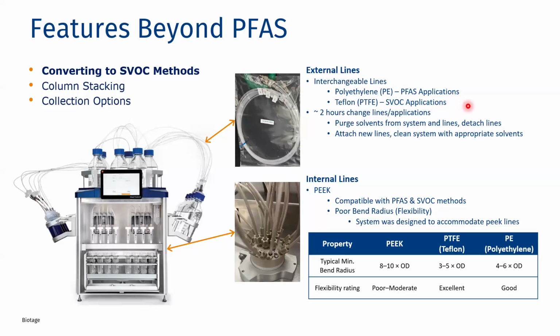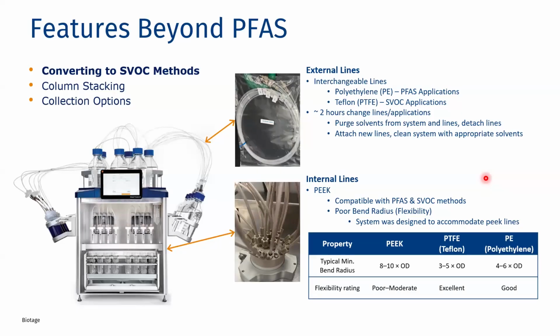We did a study to see how quickly we can change these lines. It took about 2 hours to change the external lines and switch applications. That includes purging the solvents from the system and the lines, detaching the lines, attaching new lines, and then cleaning the system with the appropriate solvents.